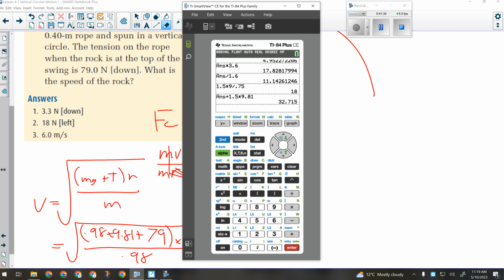So 0.98 times 9.81 is my force of gravity, plus 79, the tension. Multiply that by the radius, 0.4, and then divide by the mass, 0.98. That's v squared, so I've got to square root it. I'm looking at 6 meters per second for the speed of that object moving in that circle.